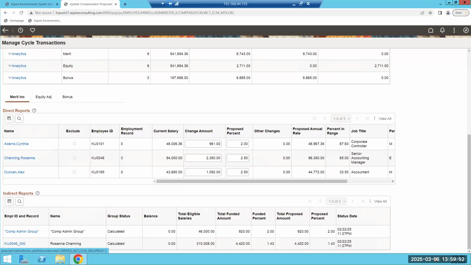The downside to that is that you don't see one pot of money, because a lot of times it's like, okay, I've got this amount of money. This is my budget for doing merit increases, and that includes any lump sums we're doing in lieu of merit increases.